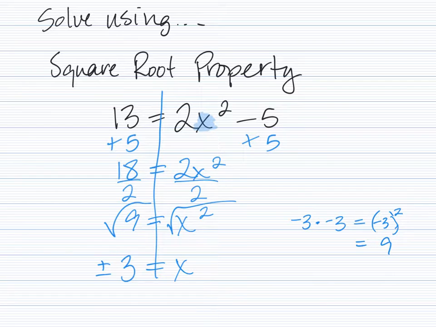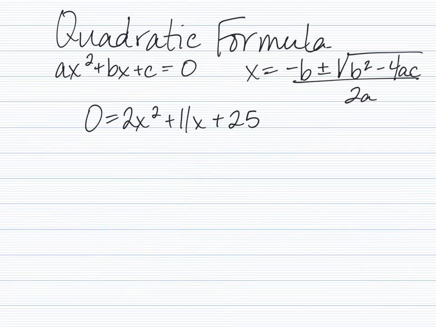So the square root of 9 is also negative 3 as well as positive 3. So anytime you take the square root, generally you're going to have more than one answer.